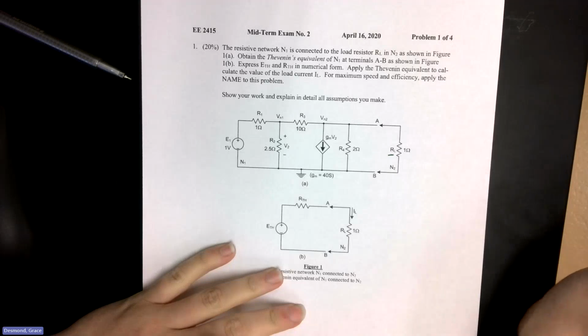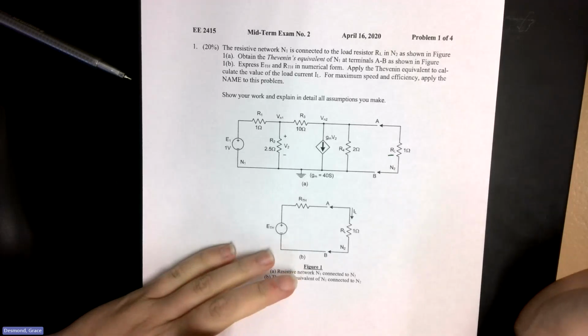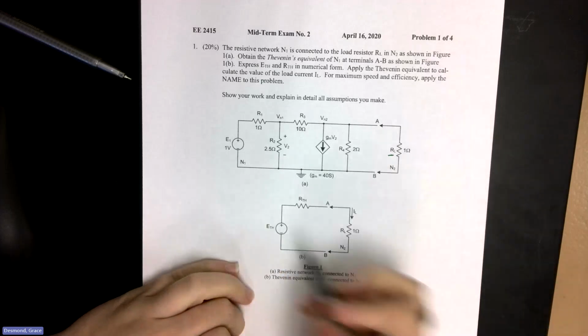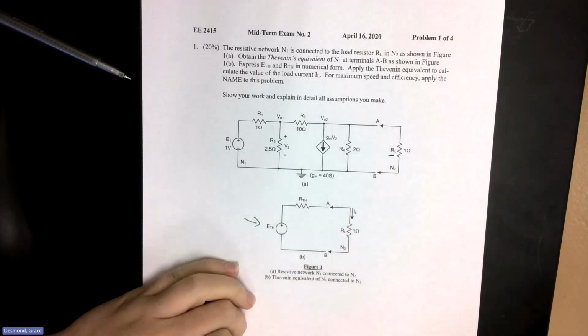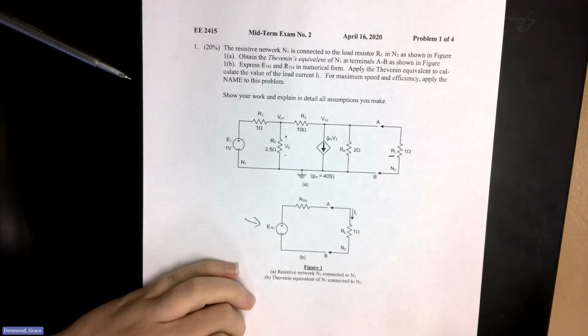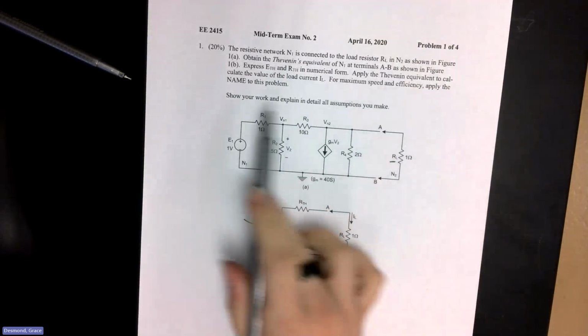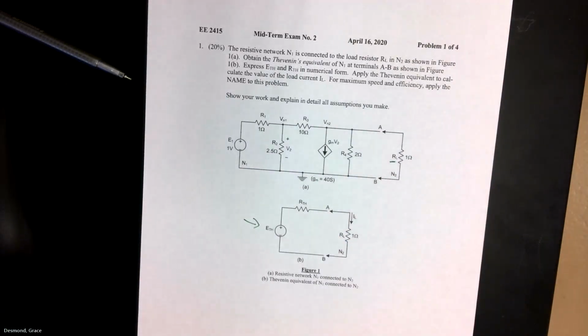It's asking for the Thevenin's equivalent of this network, expressing E Thevenin and R Thevenin in numeric form, and then using that Thevenin's equivalent to calculate the value of the load current. And then it says, for maximum speed and efficiency, apply the name.